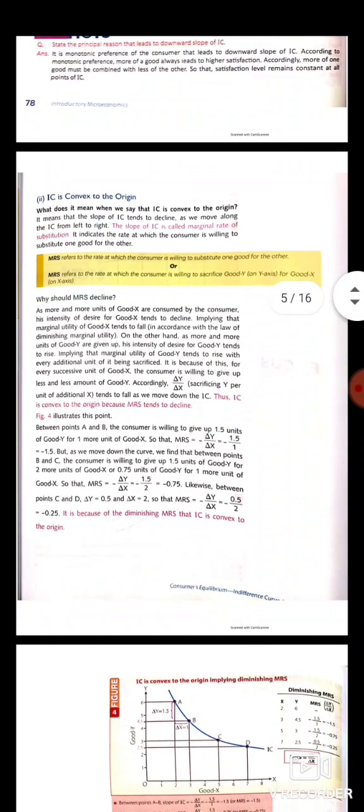Next is, IC is convex to the point of origin. IC will be convex to the point of origin due to the marginal rate of substitution. So what is the marginal rate of substitution? As more and more units of a commodity are consumed by the consumer, his intensity of desire for that commodity tends to decline, implying that the marginal utility of that good tends to fall.